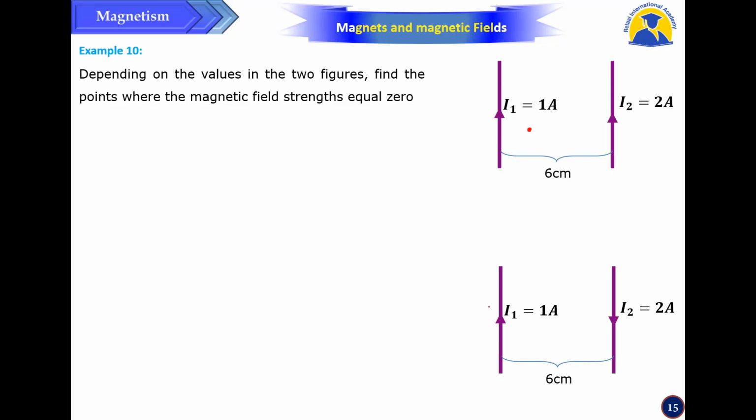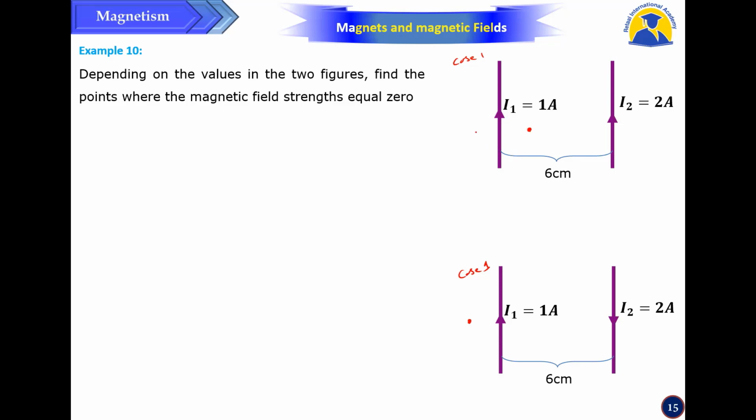While if the currents are opposite, the point where the magnetic field equals 0 will be outside and near the lowest source, in this position. So for case number 1, this one, and case number 2, this one. In case number 1, at this point, the magnetic field strength equals 0.